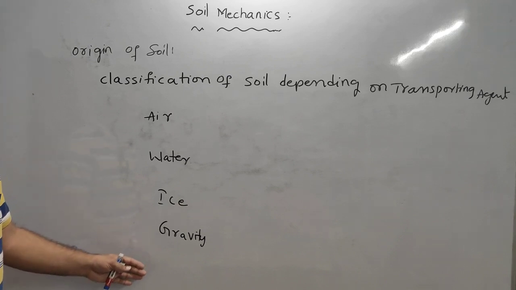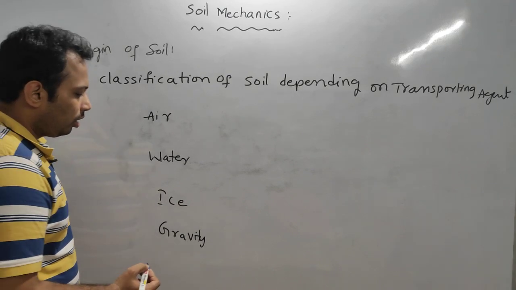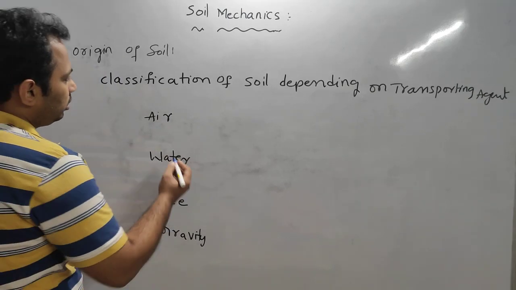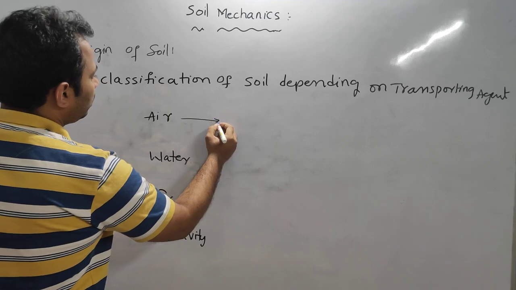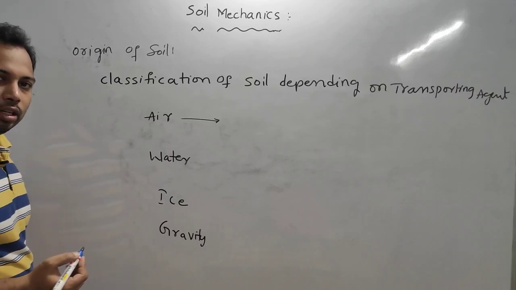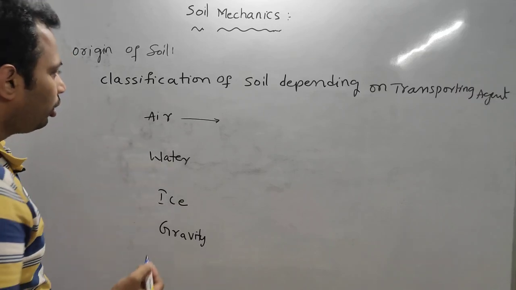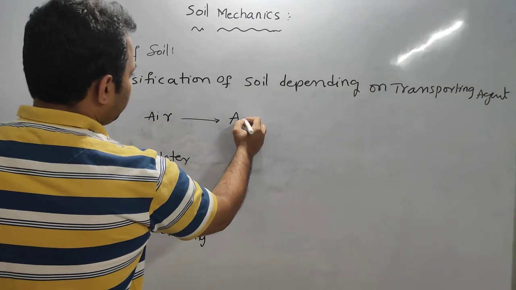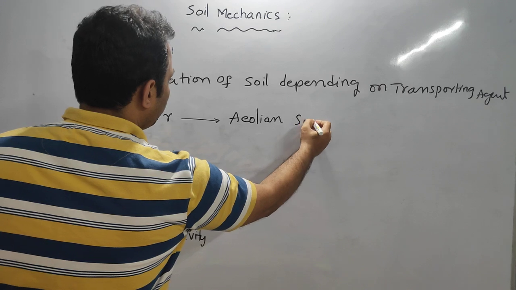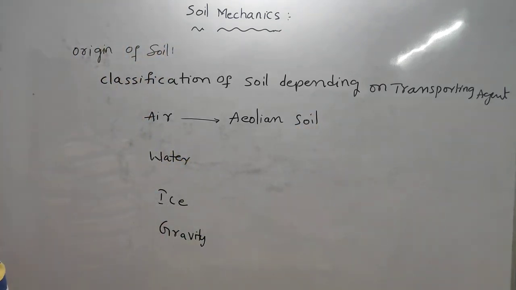Now, air means the soil particles which are transported by air. The soil particles which are transported by air are called aeolian soil.